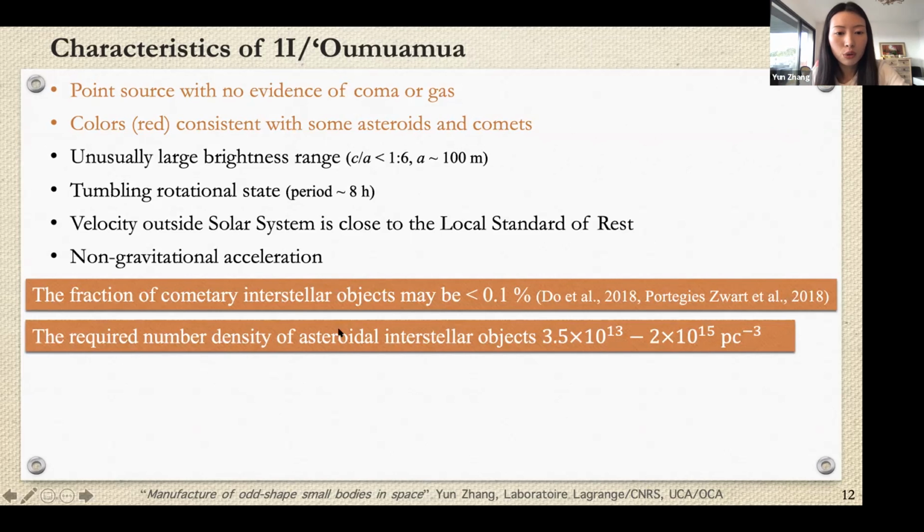It's difficult to supply the required number density. And also, since its velocity relative to the LSR indicates it comes from a young stellar system, which will make the number density budget much worse.